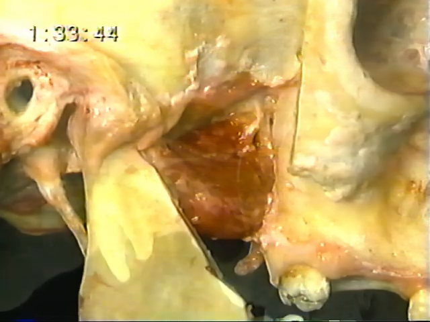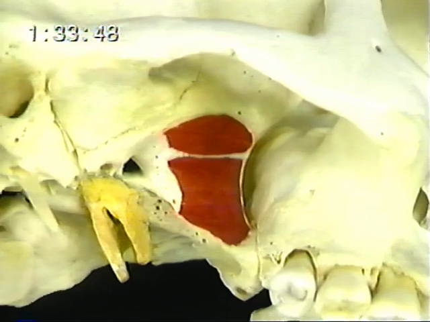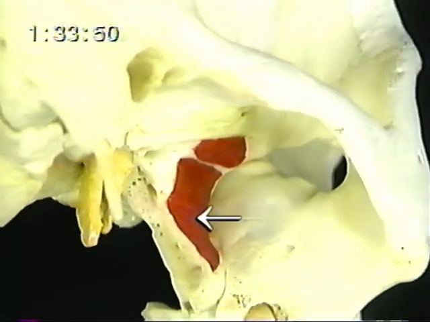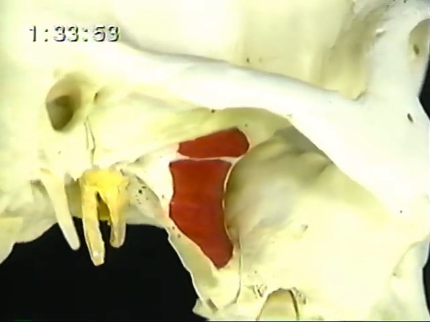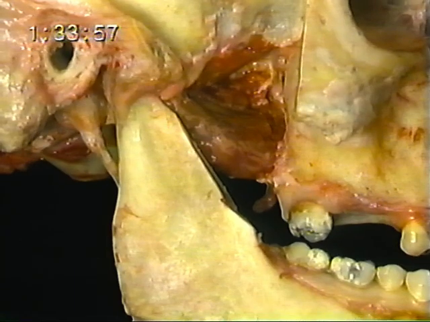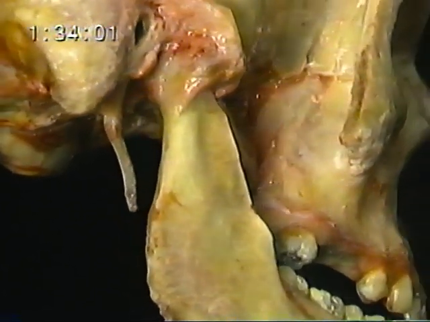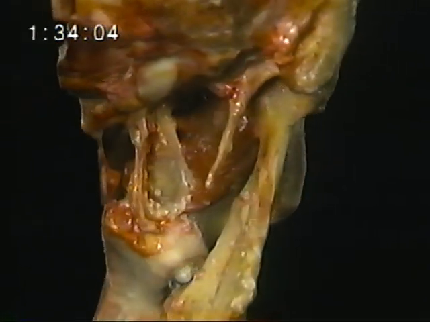The lateral pterygoid muscle arises partly from the underside of the greater wing of the sphenoid and partly from the lateral aspect of the lateral pterygoid plate. The fibers run backward and a little laterally. We'll go round to a medial view to see where they go.